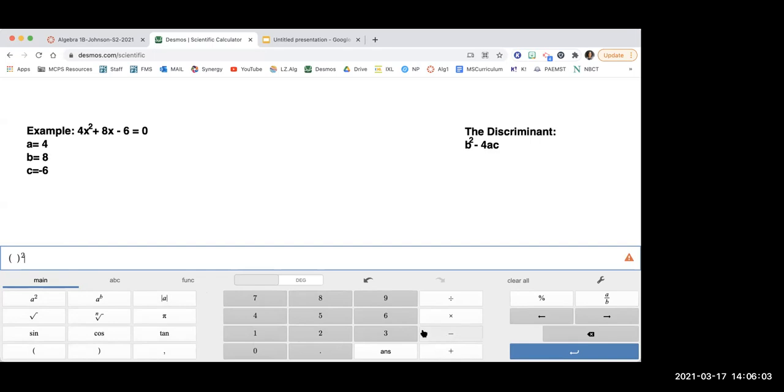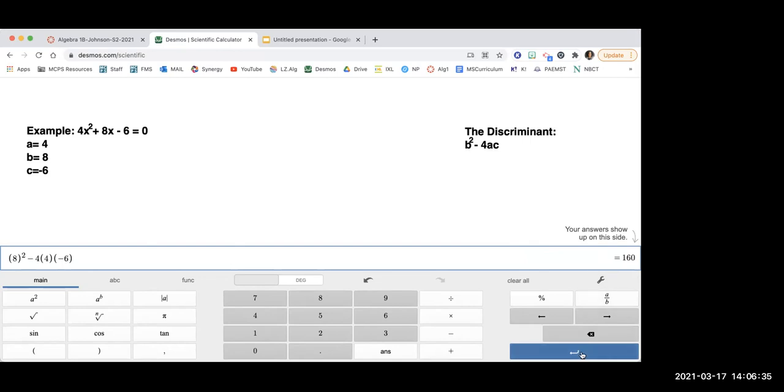Then I'll subtract 4 and multiply blank parentheses for a and c. Right now, I have an error code because I need to put some information in these parentheses. For b, I'm going to put 8, a, 4, and c, negative 6. As a result, my answer is 160, just as it was when we did it by hand.